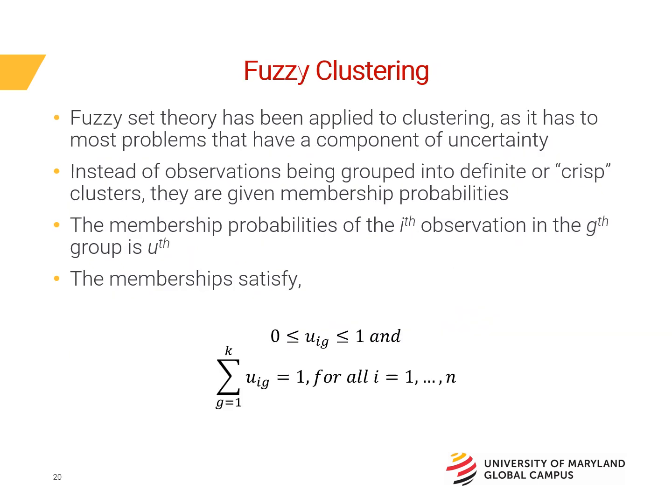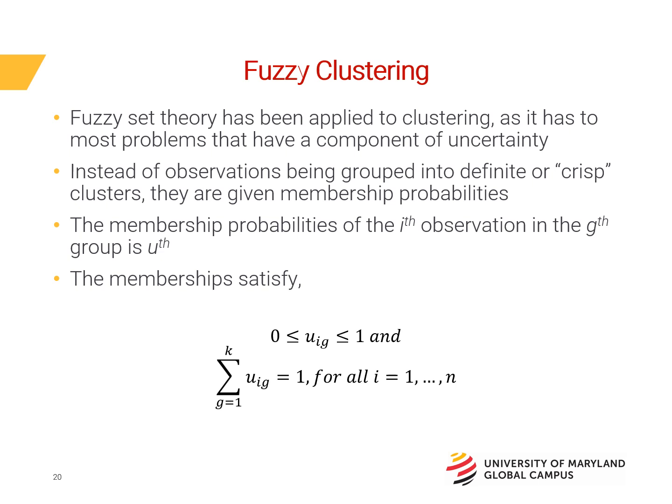Fuzzy clustering. Until now, the clustering methods we've been discussing deal with definitive membership. That means they provide no uncertainty. The clusters form with well-defined membership.